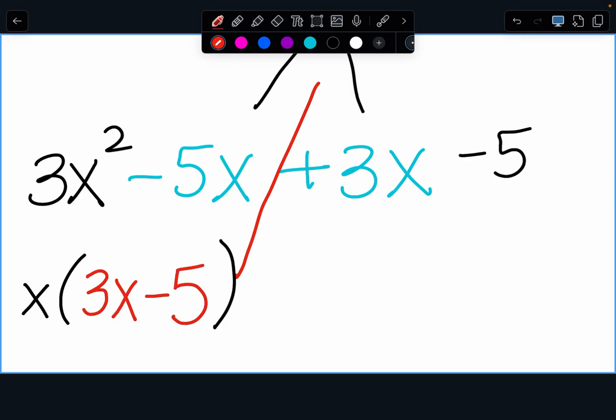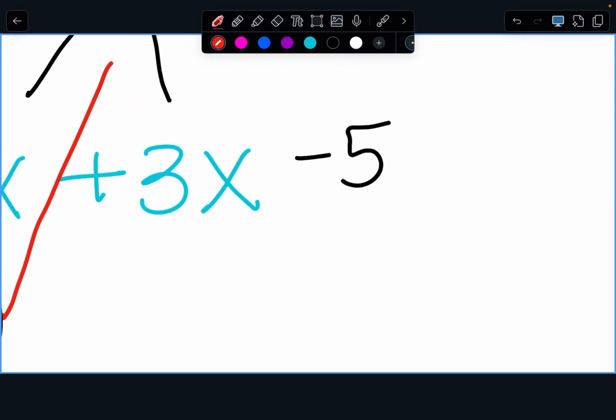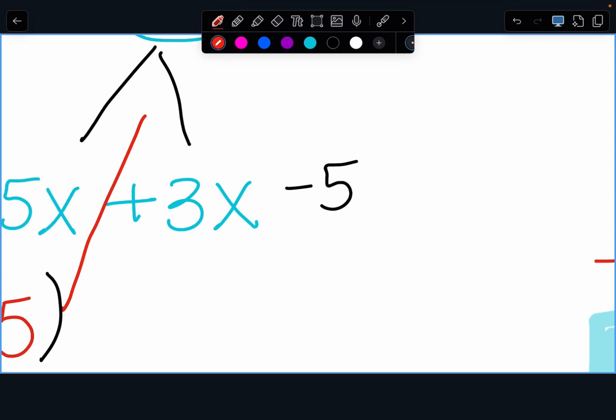Good. Now, if we just look at the second two pieces, do they have anything in common? No, so they only have a positive 1 in common. When we divide them by positive 1, what's left inside? 3x minus 5.